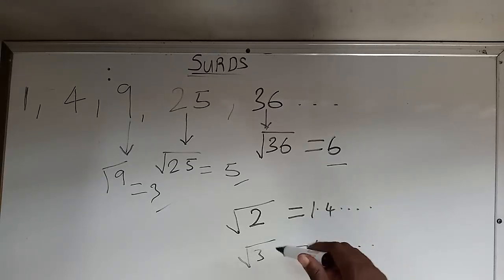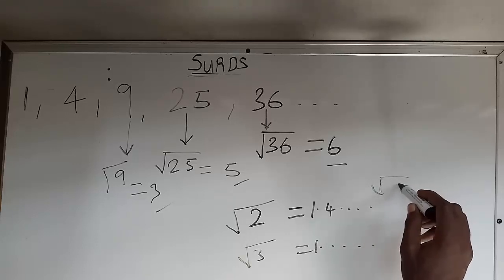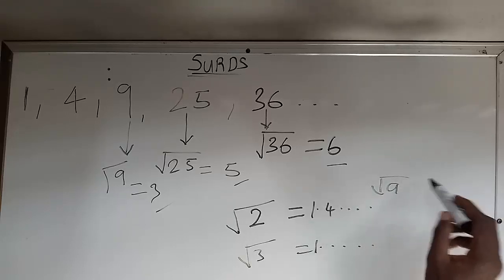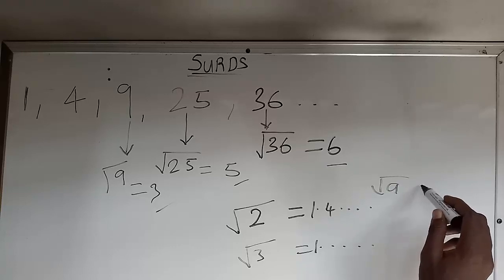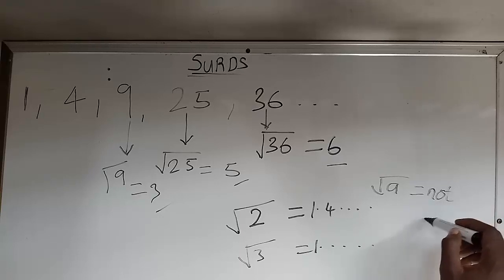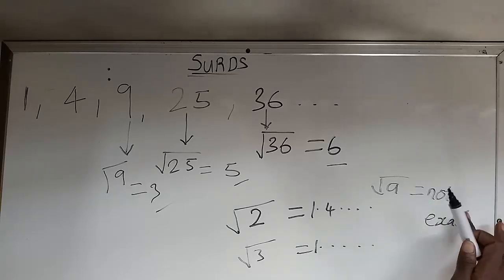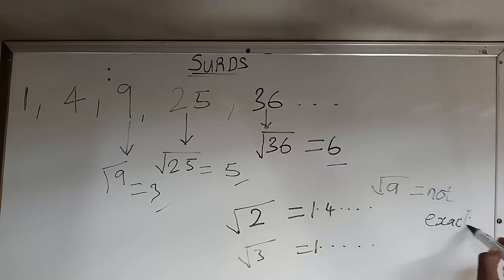So the numbers under this radical sign whose values are not exact are what we refer to as sets.